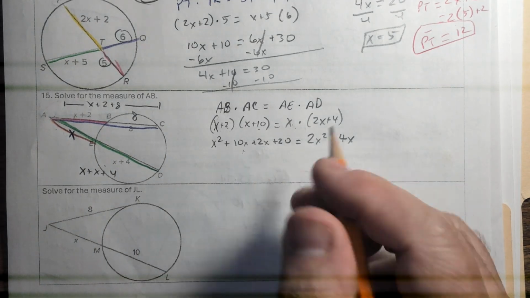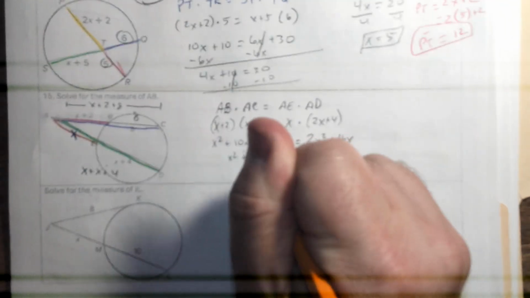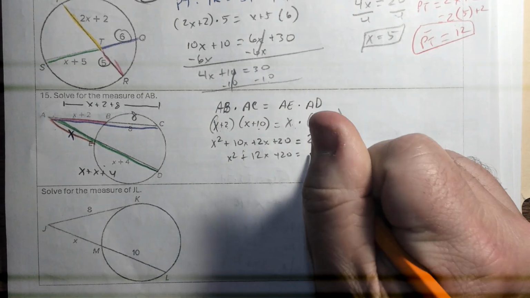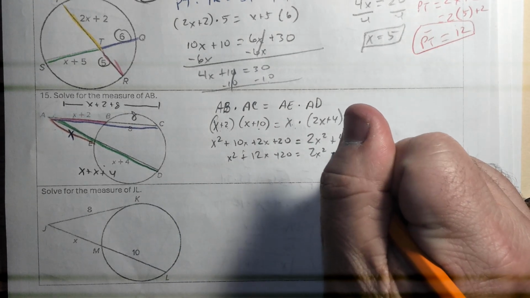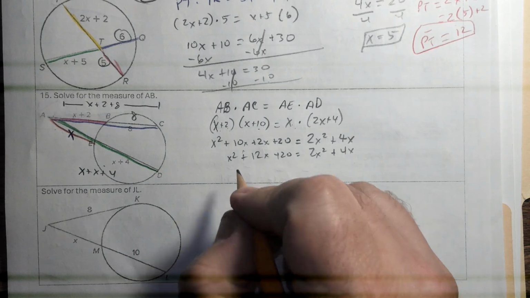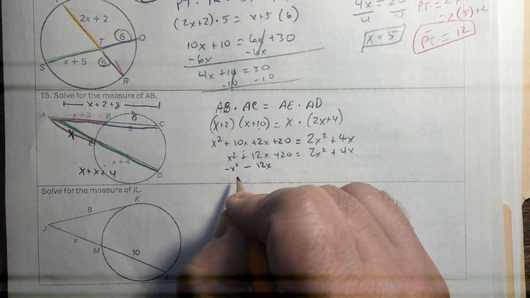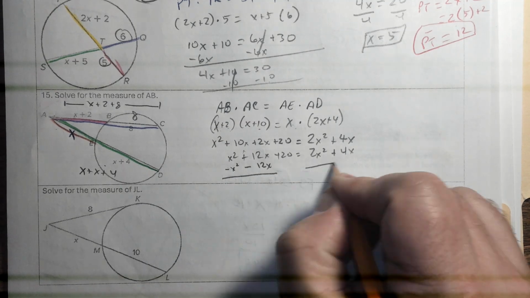All right, so let's combine these. So we've got x squared plus 12x plus 20, and 2x squared plus 4x. So let's just subtract both of these from both sides.